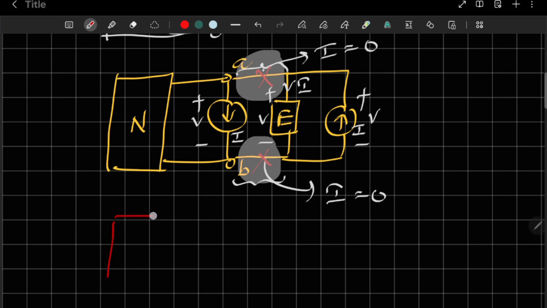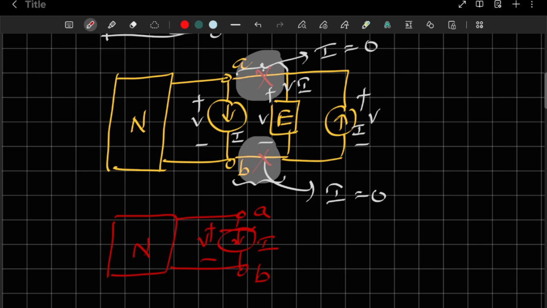Then the remaining circuit is the network with nodes A and B. Previously you had the element, but now you have the current source, with the same current and the same voltage. So nothing will change in the branch voltages and branch currents.